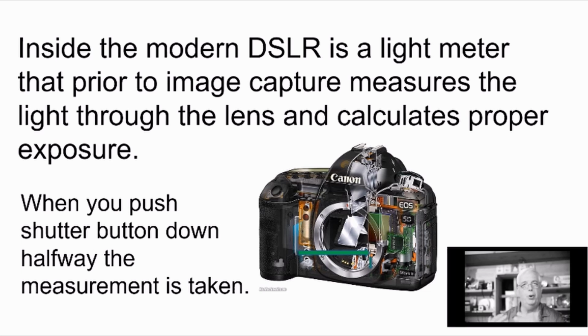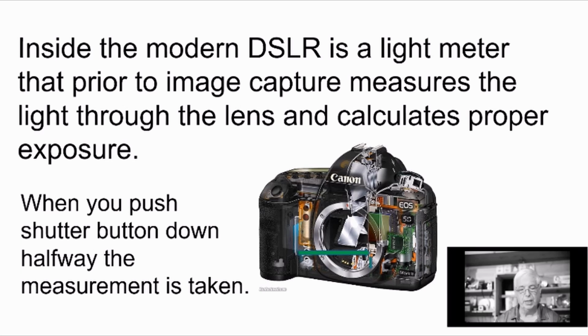So when you push your shutter button halfway down in most cameras, it will measure how much light is coming through the lens of the camera, and it'll also adjust the focus. If you push the button halfway down, that activates the exposure meter, and if you hold it halfway down in most cameras, it will lock that in.